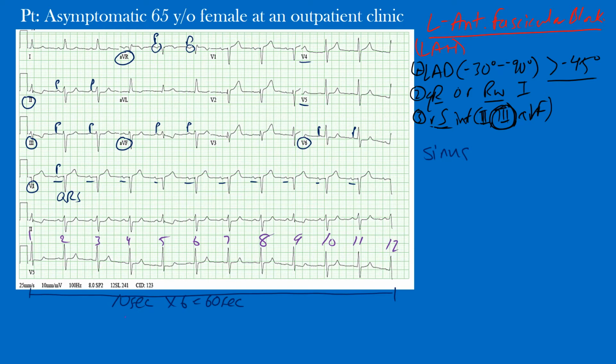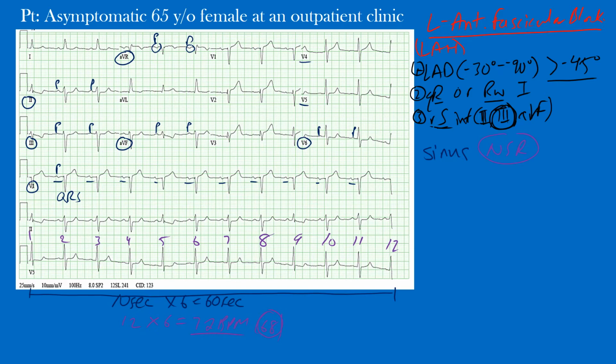So 12 QRS complexes. We multiply that by 6, and we get 72 beats per minute. The rate here was actually 68, so it's a pretty close approximation. A rate of 68 beats per minute is in our normal range of 60 to 100, so this is normal sinus rhythm.